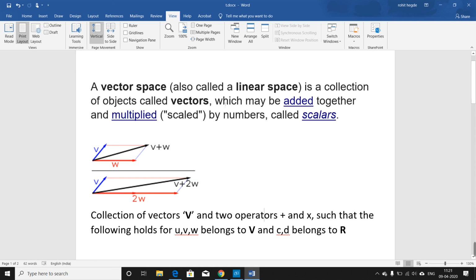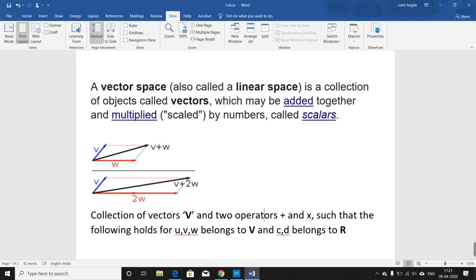If any vectors satisfy vector addition and scalar multiplication, then we can say those vectors are in a vector space.